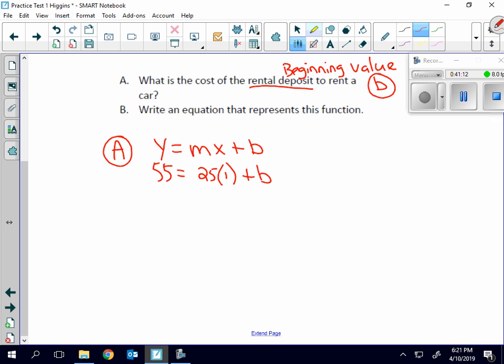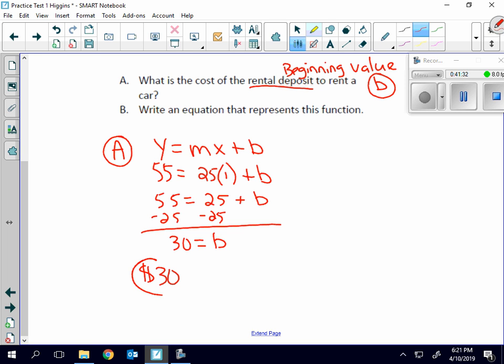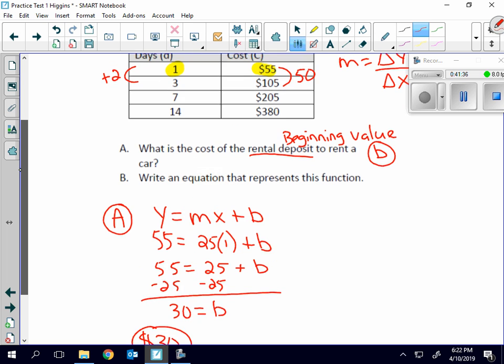Now I can find b, which is what I'm looking for. 25 times 1 is just 25. So that's what we have here to solve for b. Subtract 25. So what is the initial deposit? 30 buckaroos. The initial deposit is $30.